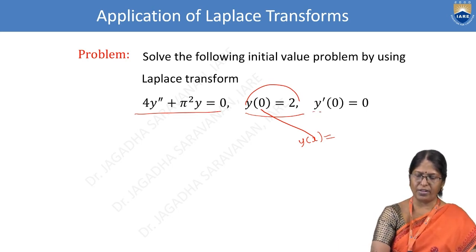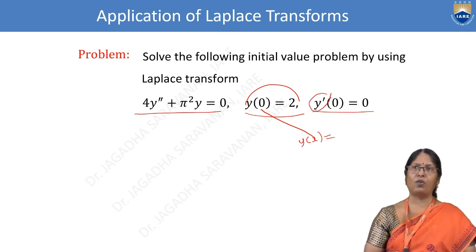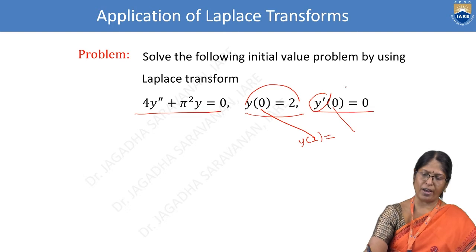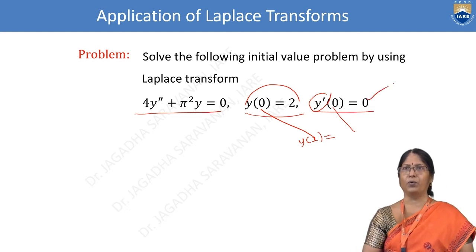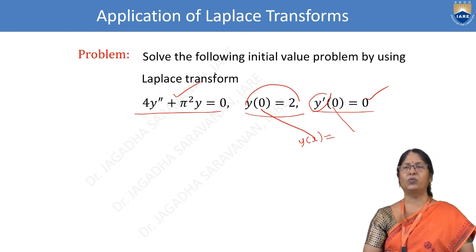Here y dash is the first derivative of y. At the point x equal to 0, the first derivative of y is 0. This is the differential equation, and we have to solve it using Laplace transform.